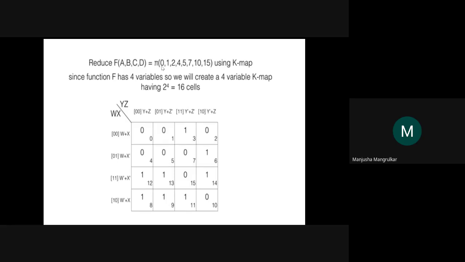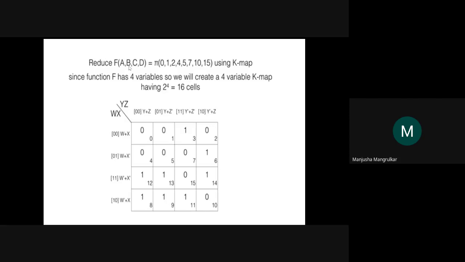Now all these 0, 1, 2, 3, 4, 7, 10 and 15 have to be considered as 0, and the rest are 1, right? The very first step, when any function is given, is to see how many variables there are.